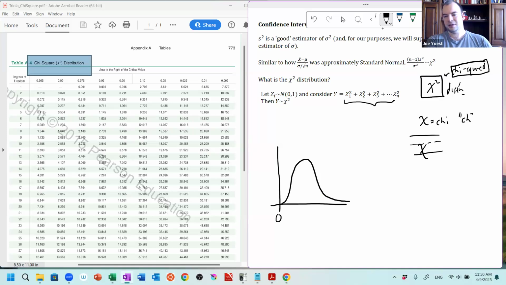Although it has a little bit of a feel of a bell shape. It does have this kind of ramp up to a peak and then decline off. We see it goes out all the way to infinity, like the standard normal goes out to plus or minus infinity, but now we just flip everything over to the positive side because we're squaring everything.